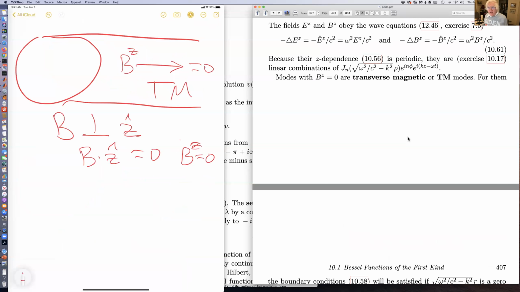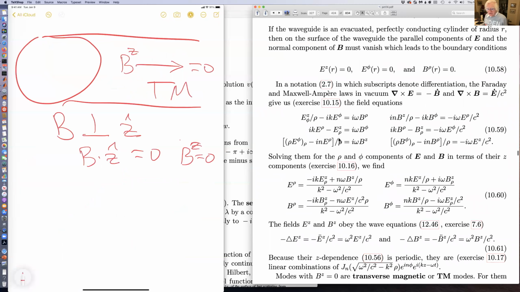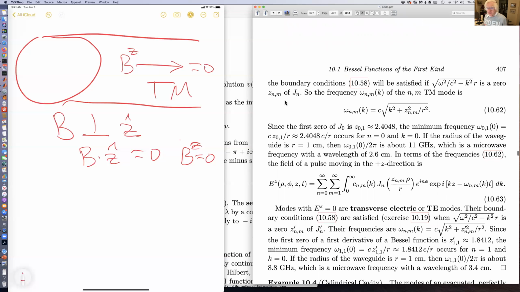And now we can satisfy these boundary conditions and these wave equations if we choose omega squared over c squared minus k squared to be a 0 of the nth Bessel function.